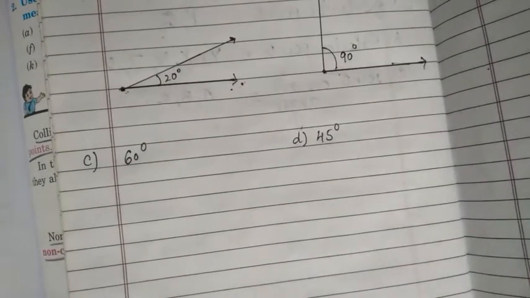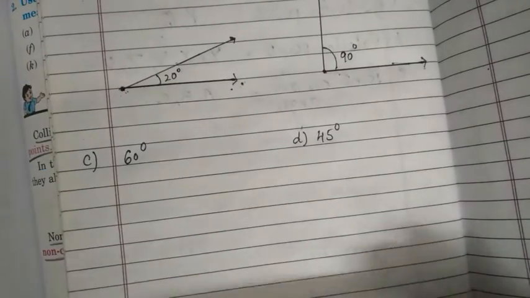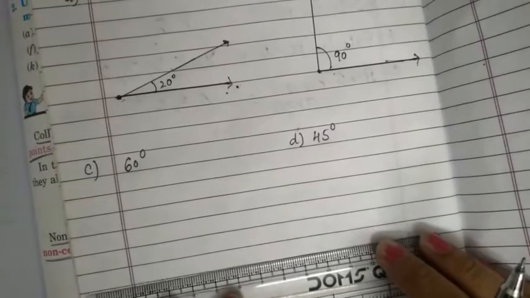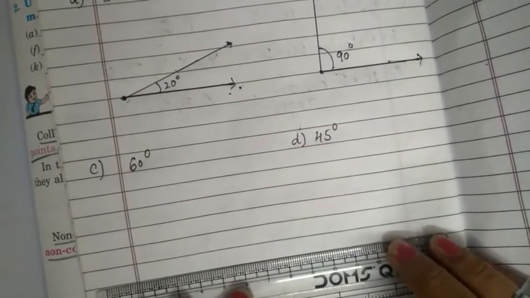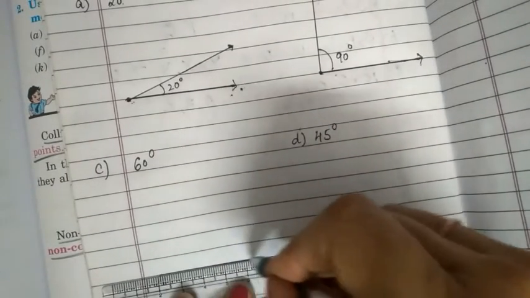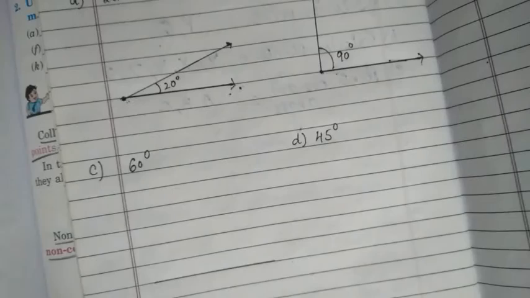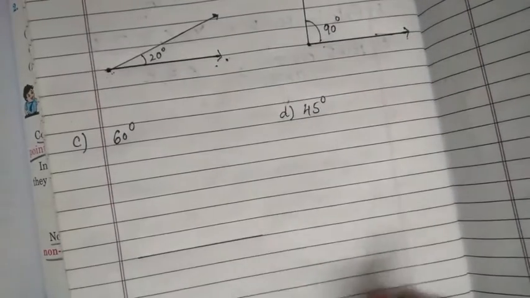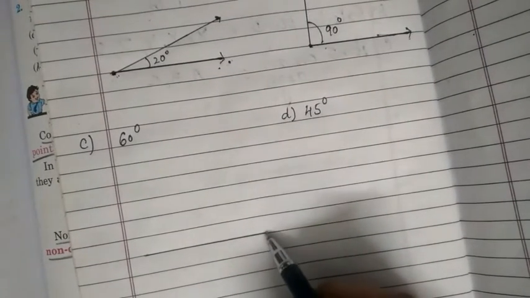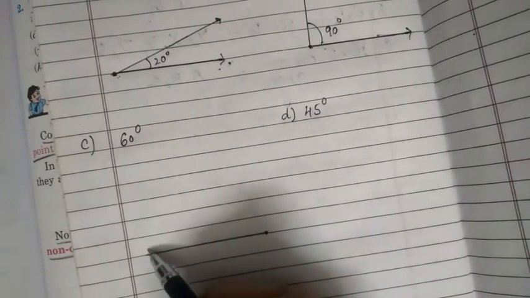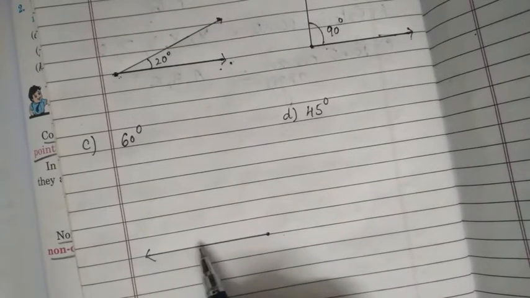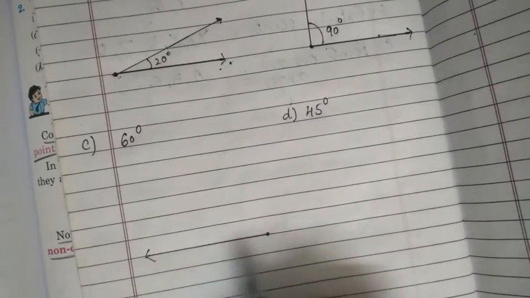In the next question, I will teach you how to draw an angle on the other point. Again, draw a line or ray of any length. Now in this question, we will draw the angle on this point. Okay, this is our baseline and our baseline is going towards this side.